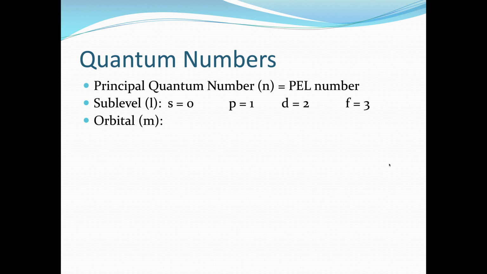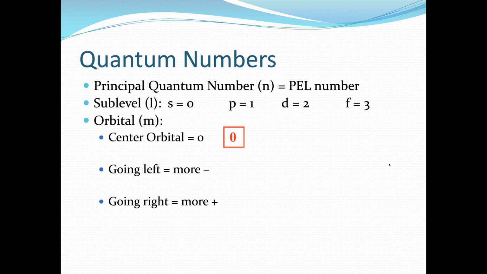The next number depends on which orbital it's in. The center orbital is 0, and any orbital to either side will get positive or negative numbers. So if you go left, you get more negative, and if you go right, you get more positive. So, for example, in a p sublevel, the center orbital is 0, the left is -1, the right is +1.